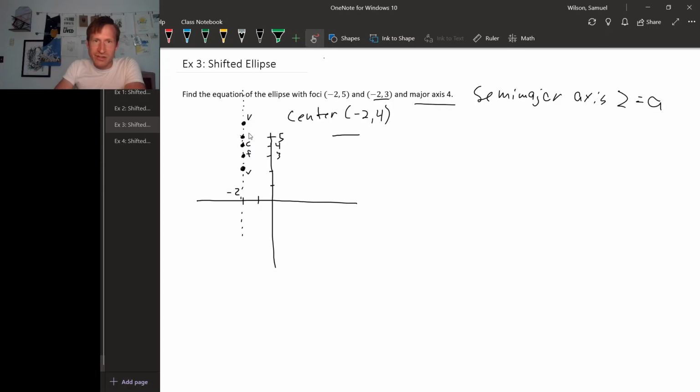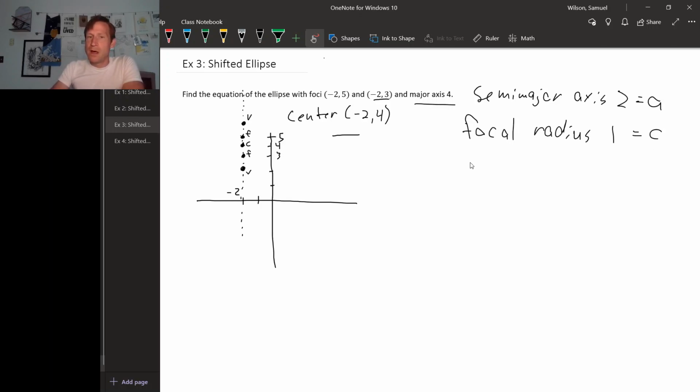That's the center. This is a focus. So we know our foci. We know our semi-major axis, right? Since the foci are 1 unit from the center, the focal radius of this ellipse is 1. And the focal radius, we called that c.